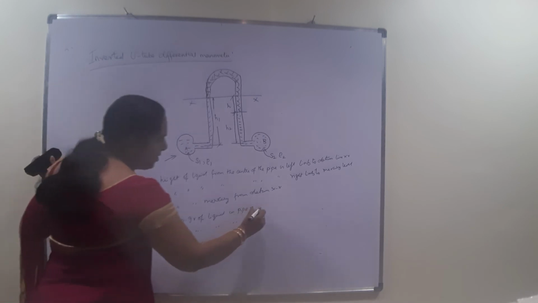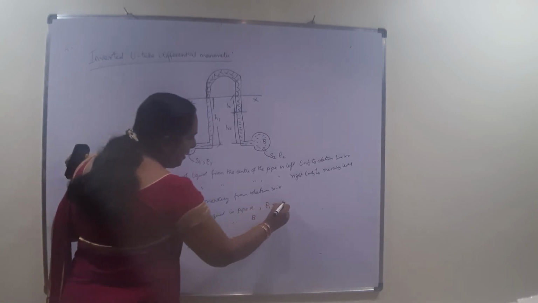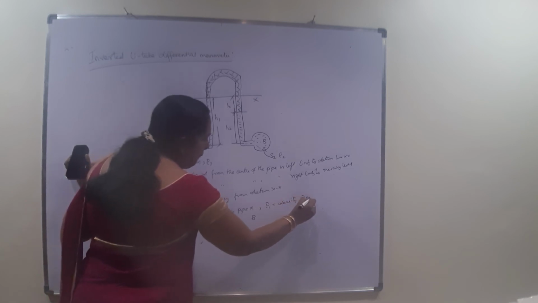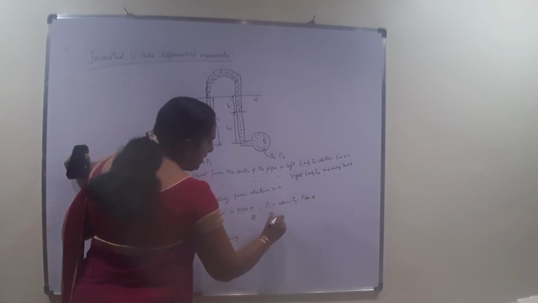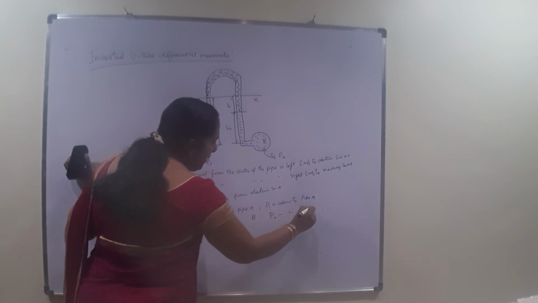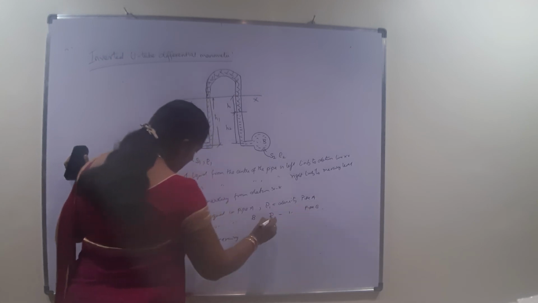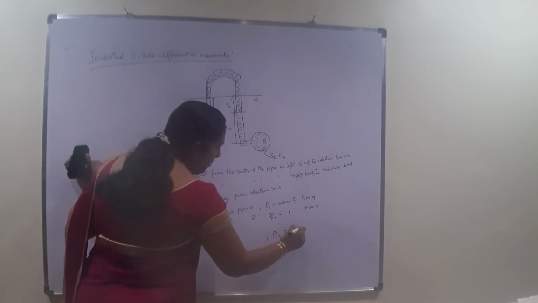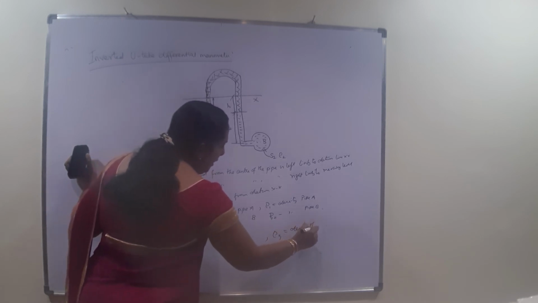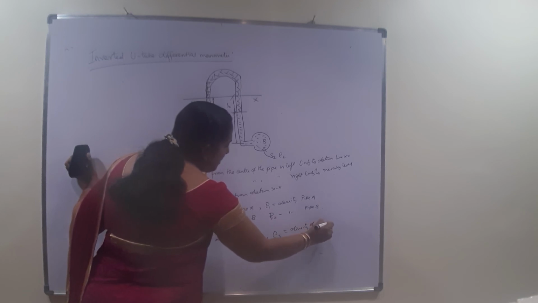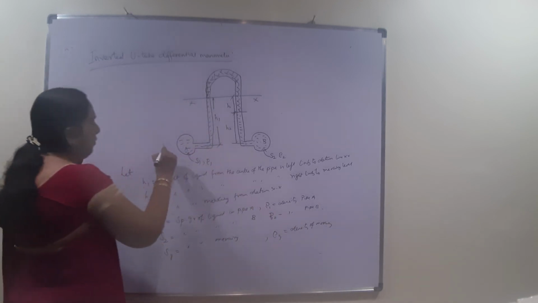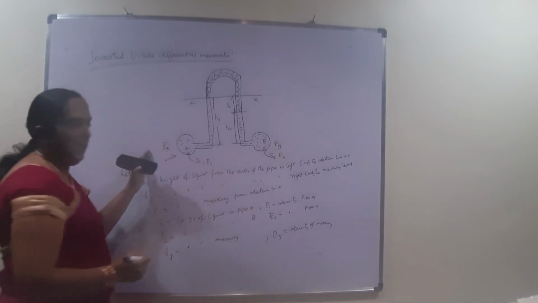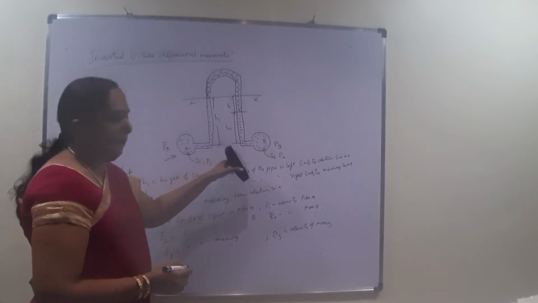Similarly, rho 1 is the density of liquid at pipe A, rho 2 is the density of liquid at pipe B, and rho G is the density of mercury. I think we have given all the names. And apart from that, this is PA and this is PB, the pressure in pipe A and the pressure in pipe B.